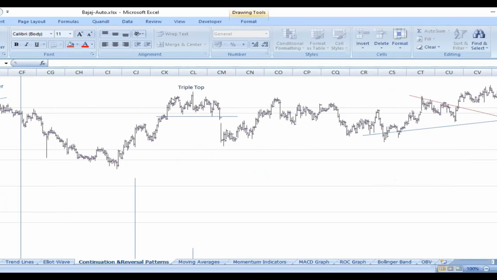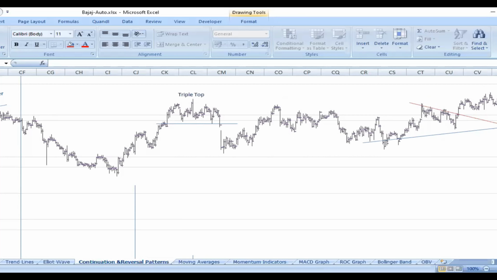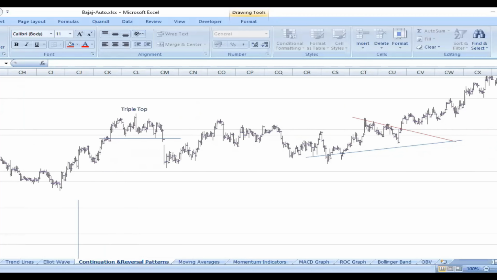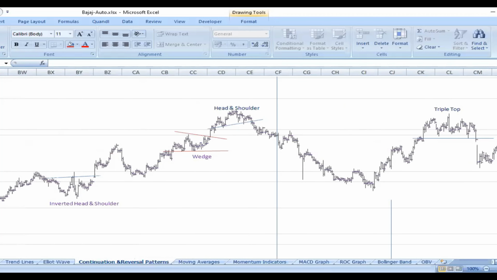Triple top is a reversal indicator. There can be an inverted triple top as well, which is a reversal indicator again, but it would signify a positive move. If you see, this is a wedge pattern. I don't think I got it very right, but this is how it is. So these are some of the continuation and reversal patterns which you can look up.